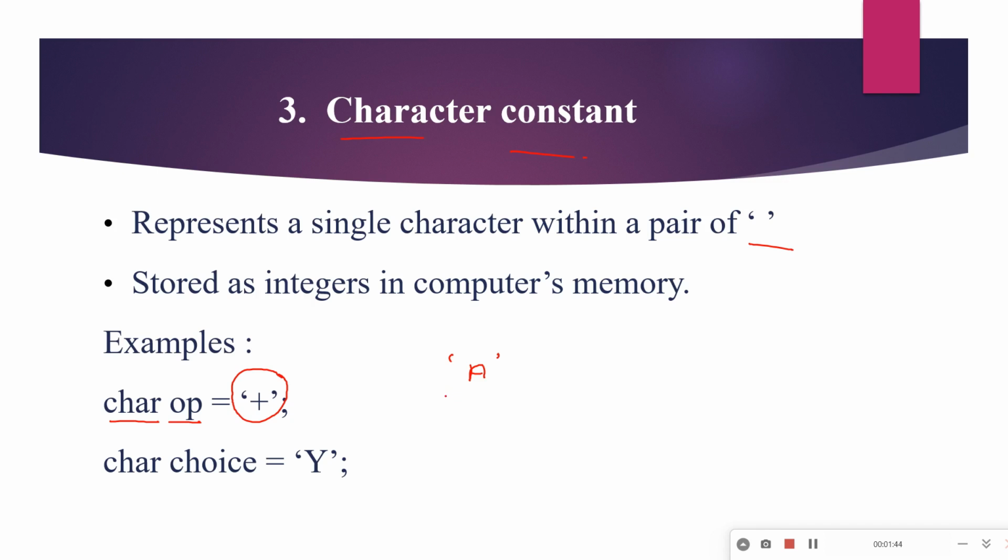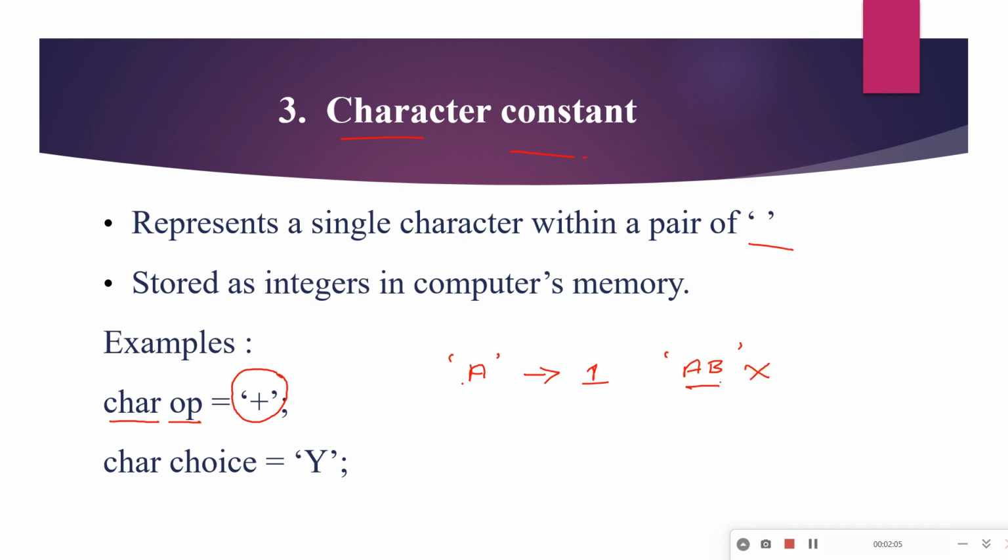So the maximum length of a character constant can be only one character. I cannot write A, B like this because I have two characters here and this will become like a string, and a string cannot be enclosed in between a pair of single quotes. So this is not possible, this is wrong.